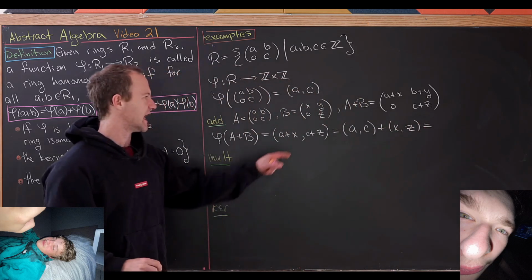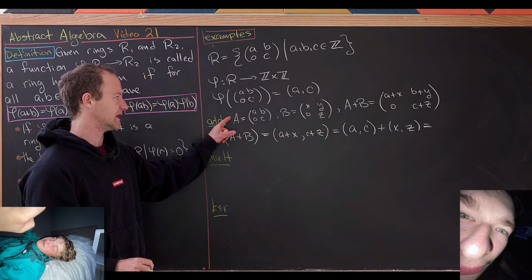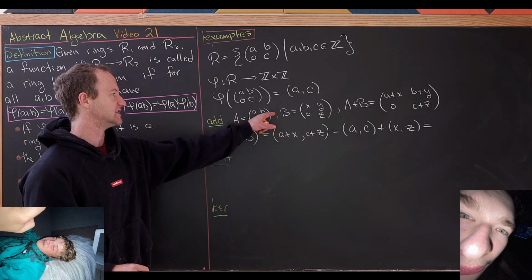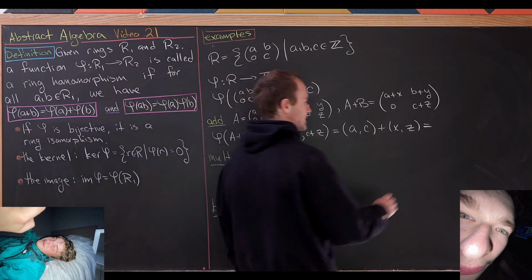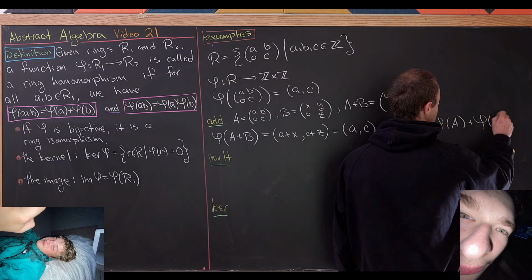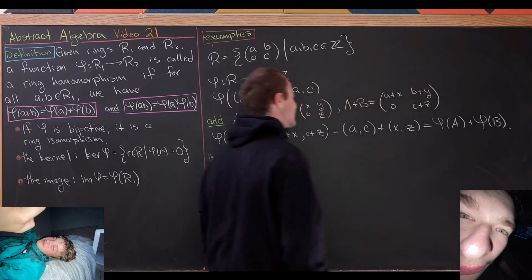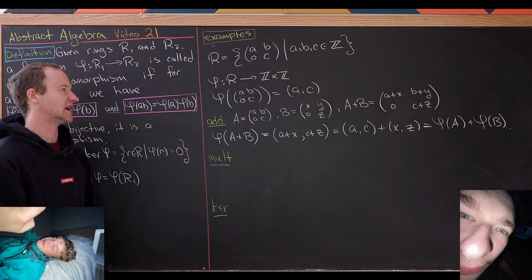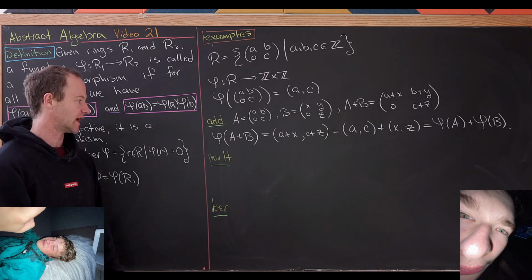But notice that a comma c is just phi evaluated at A and x comma z is just phi evaluated at B. So here we have this is phi of A plus phi of B. But that's exactly what we needed for this additive property to be okay.